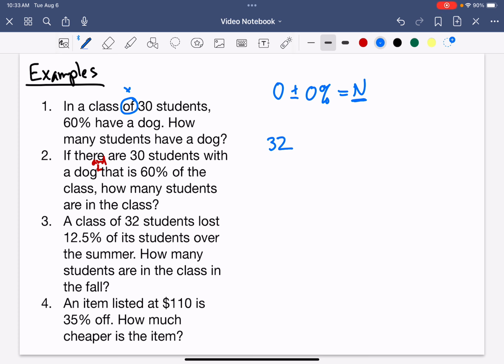So I'm taking that original, and I'm losing, so I'm going to be using subtraction: 32 students, but I'm now going to times that by my percentage, 0.125. Then I crunch those numbers. So 32 minus 32 times 0.125. That gives me 4. And so I have 28 students in that class in the fall.